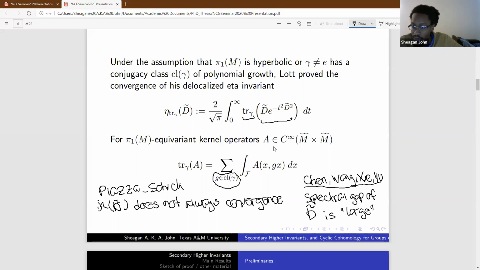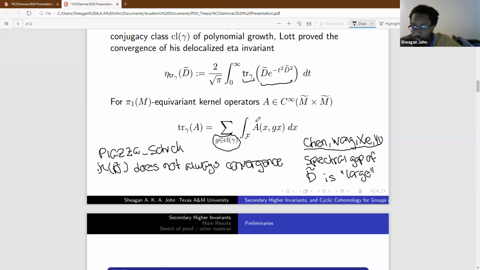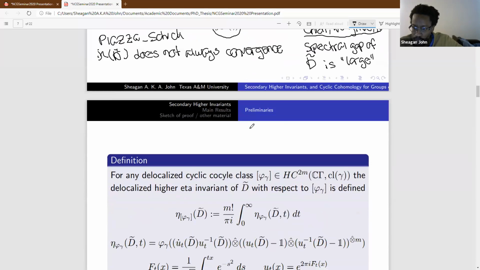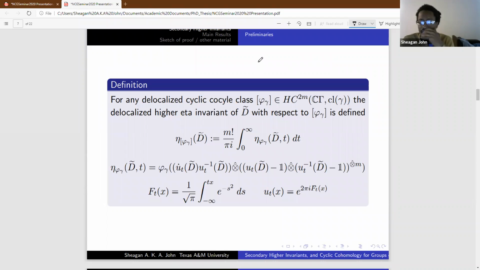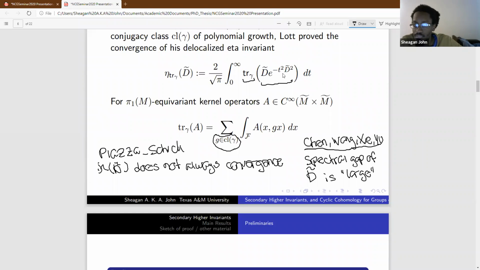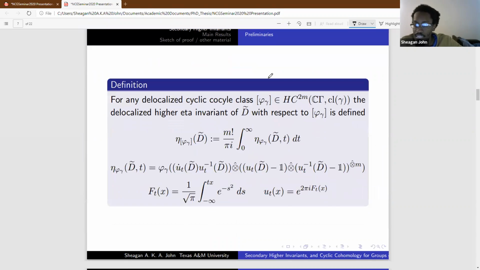So what I am going to be speaking about here is a higher analog of this delocalized eta invariant, based off Chern-Connes transgression formulas, which I'll define right after. Okay. So if we want to generalize this from traces, then we can do so.